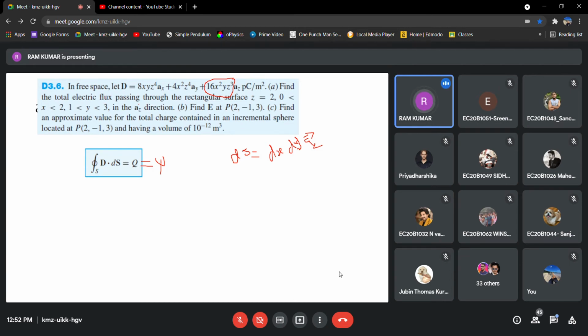So the option A is to find the electric flux through the rectangular surface due to this electric flux density. Option B is the electric field intensity at a particular point.